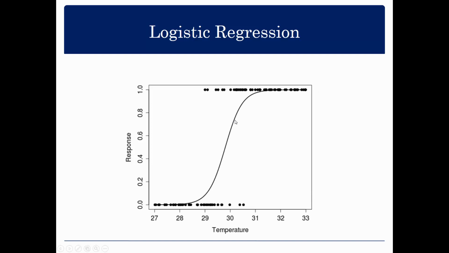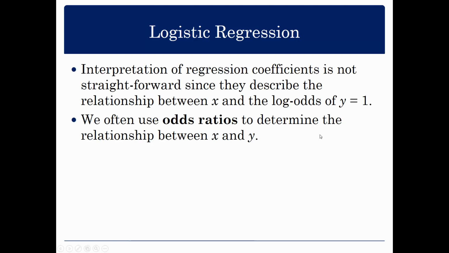But there's kind of some fluctuation, right? Some people whose temperature, their X is 30, some of them don't respond, some of them do. And that's where you get this kind of curve relationship. So it's increasing, but it flattens off. And that's why it's a little bit different to interpret. But the idea here is we use odds ratios because we're modeling the log odds of response here.